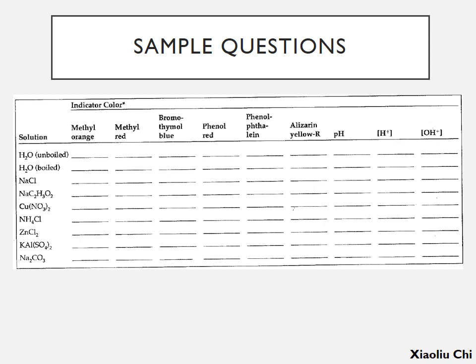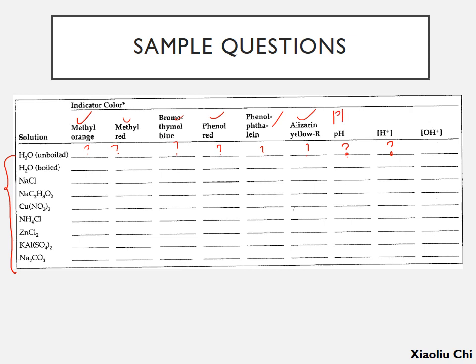In this lab, you are going to test these samples using methyl orange, methyl red, bromothymol blue, phenol red, phenolphthalein, and alizarin yellow R. You need to write down the color of each indicator for these samples, and then from the color you need to estimate the pH range, and from this estimate the pH value and the hydrogen ion concentration.